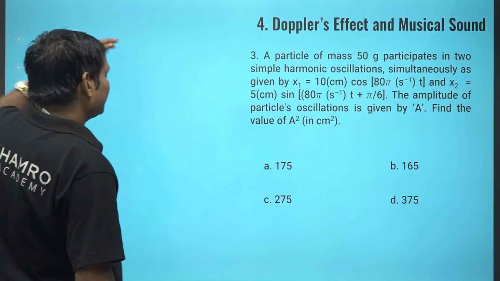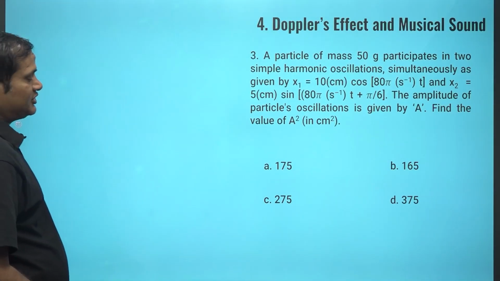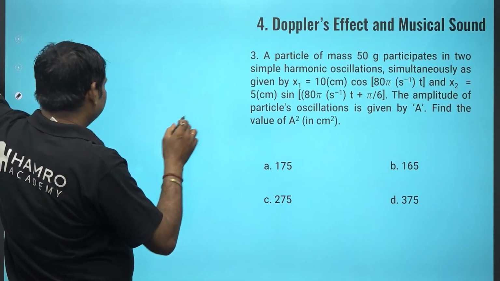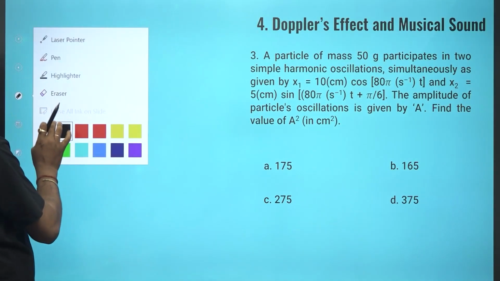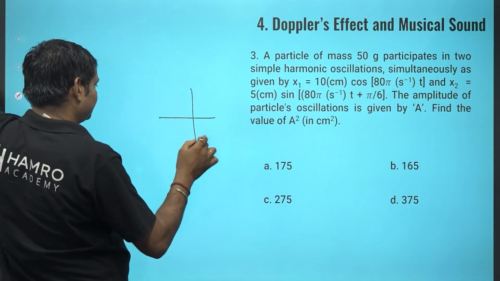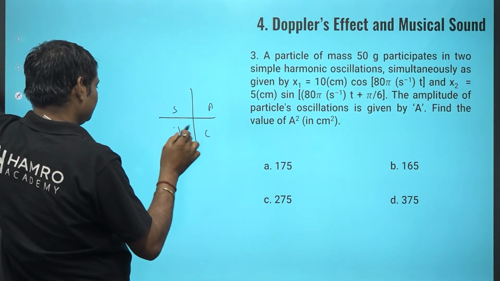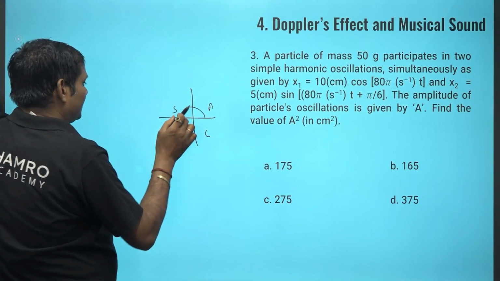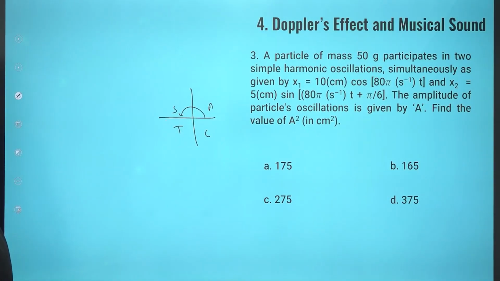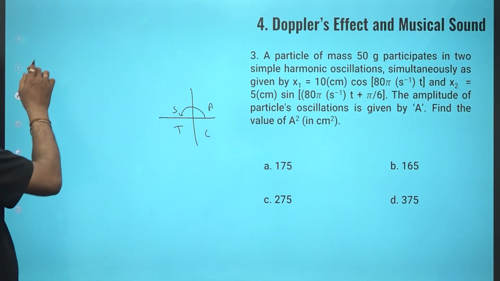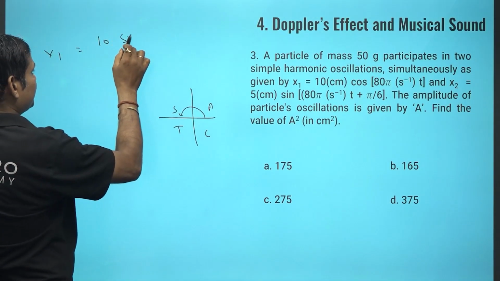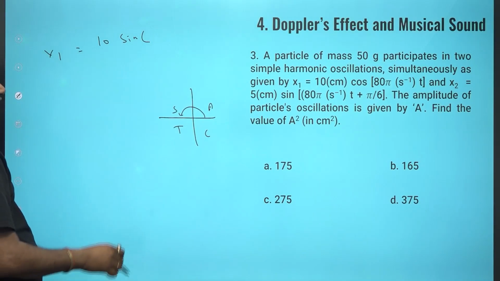We can write sin(90 plus theta) is nothing but cos theta, so the equation becomes 10 sin of 80 pi t.